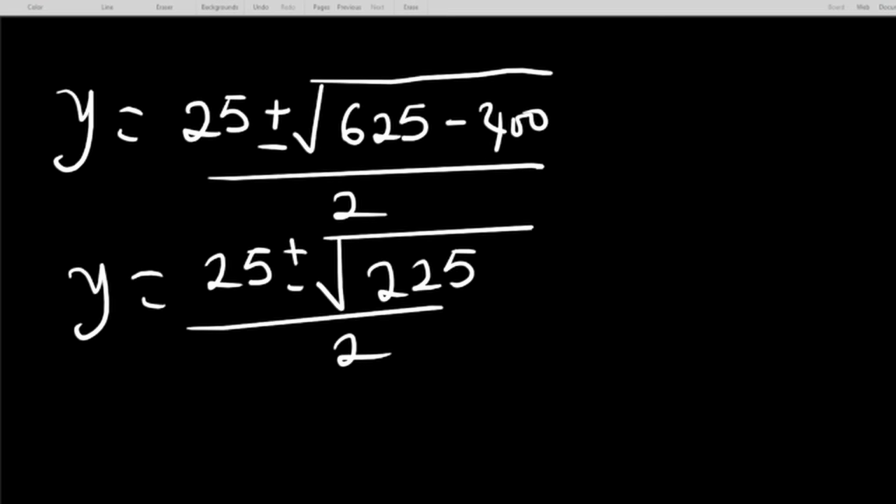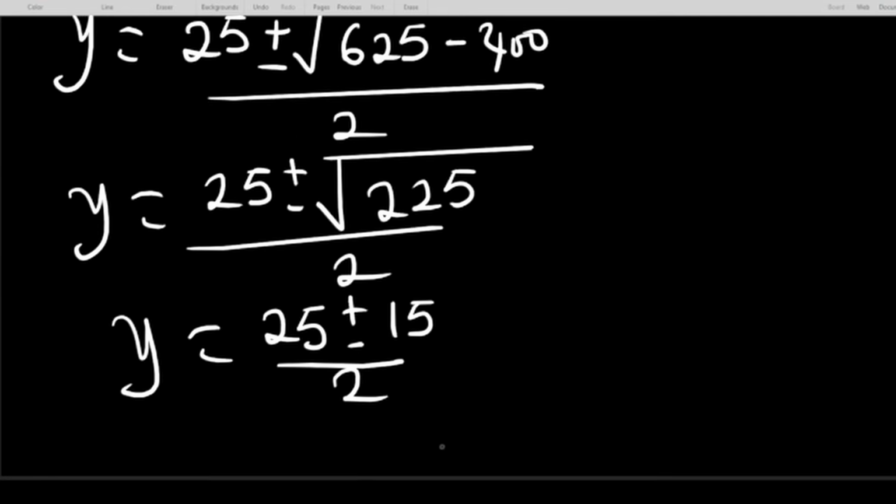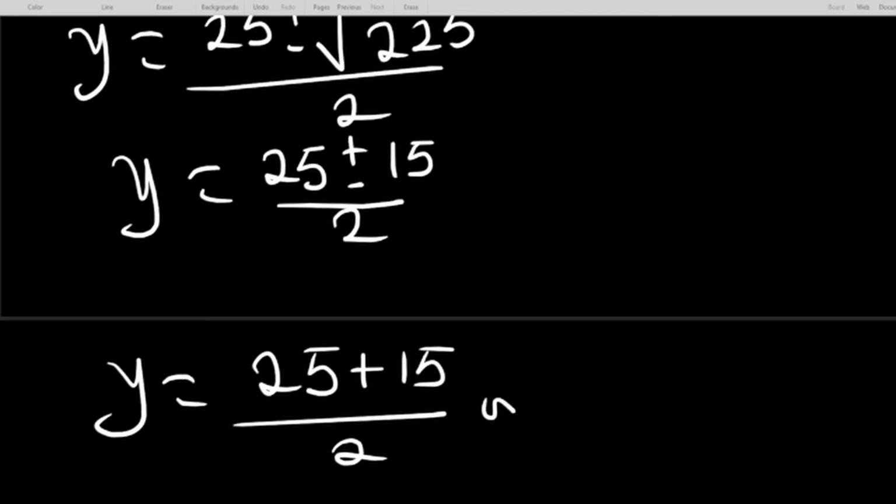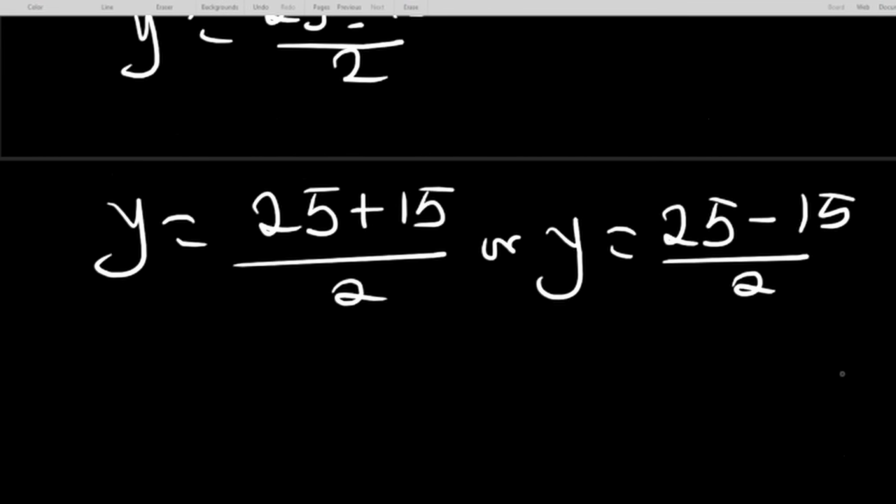And then the square root of 225 is 15. So we have y equals 25 plus or minus 15 over 2. Then the plus and minus indicates that there are two values of y. So we say that y is equal to, we separate them, 25 plus 15 over 2, or y equals 25 minus 15 over 2. Okay, so 25 plus 15 is a 40.